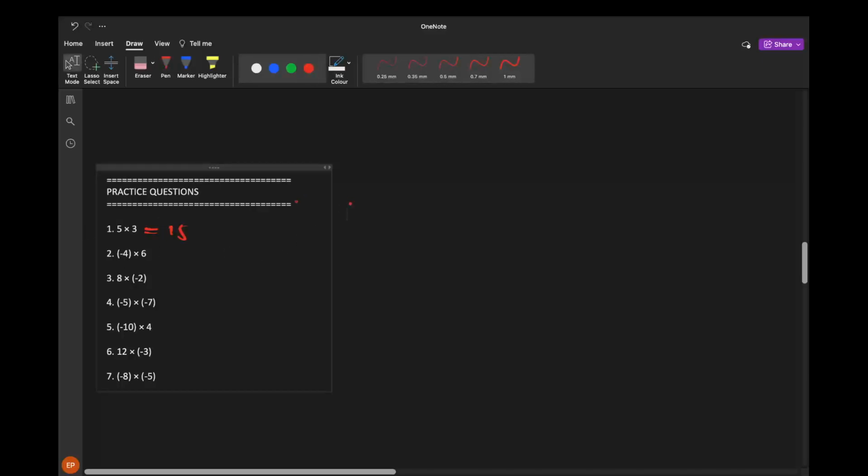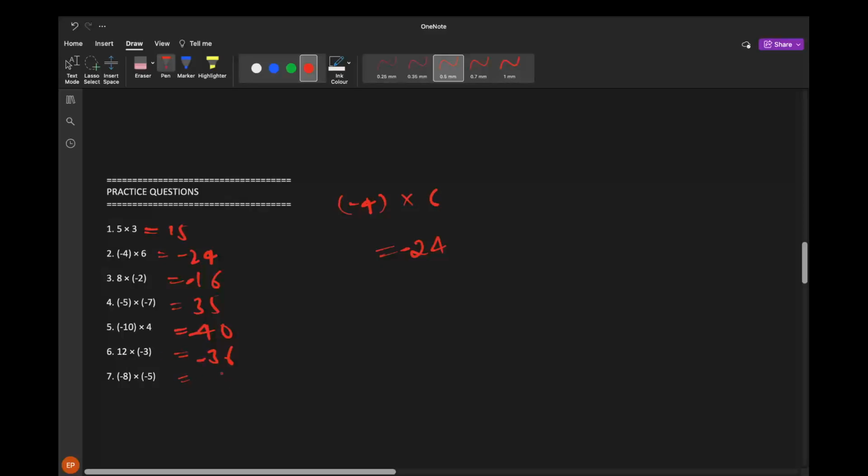Minus 4 into 6: 4 sixes are 24, but minus into plus is minus, so minus 24 is the answer. 8 twos are 16, plus into minus is minus. 7 fives are 35, minus into minus is plus. 10 fours are 40. 12 threes are 36, minus into plus is minus. 8 fives are 40, but minus into minus is plus.